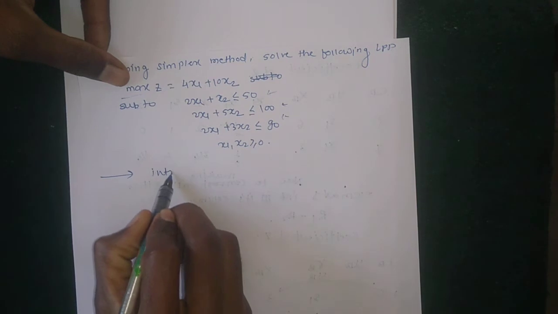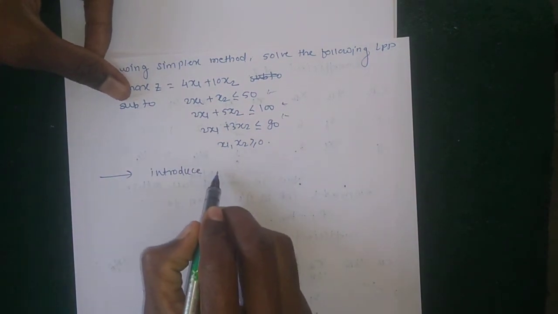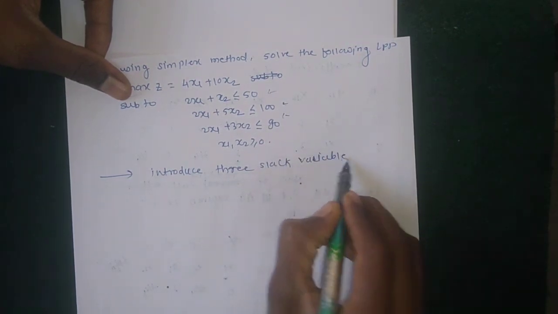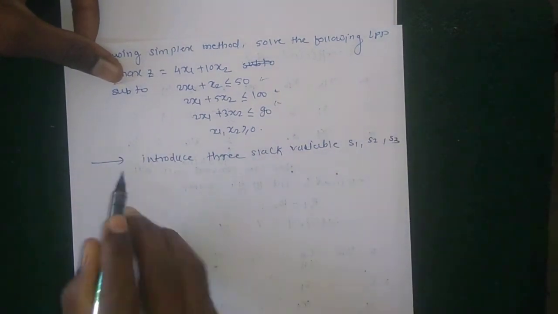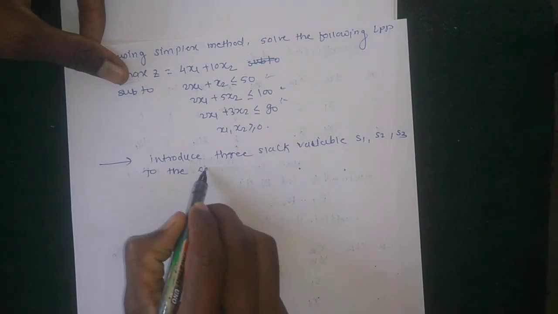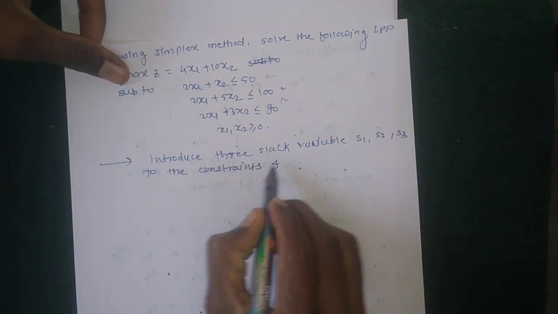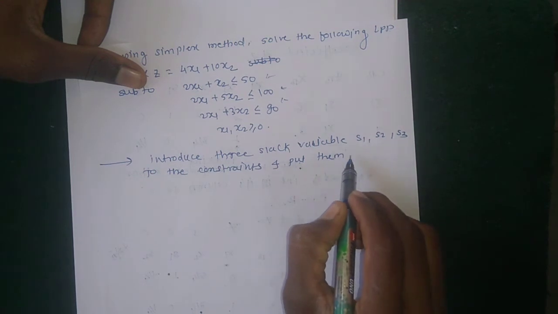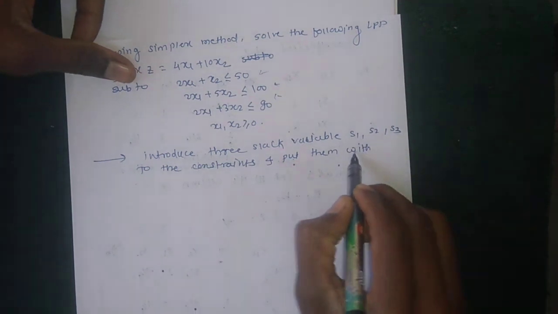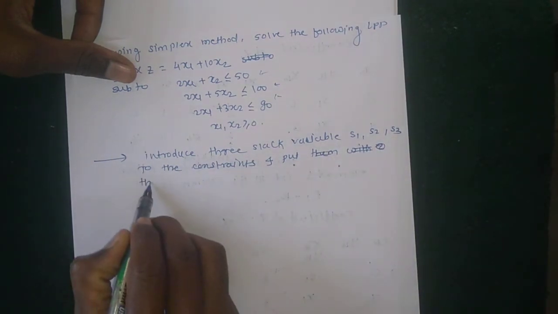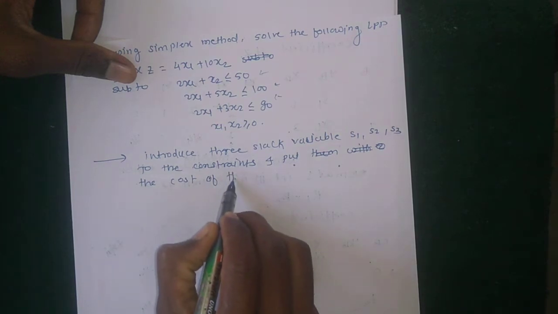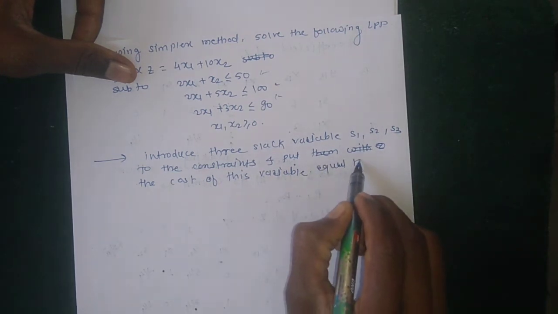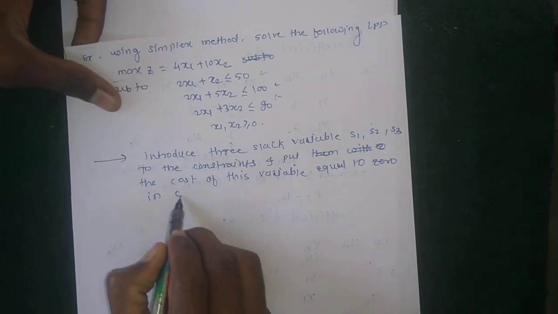Okay, so first introduce 3 slack variables s1, s2 and s3 to the constraints, and put the cost of these variables equal to 0 in the objective function.